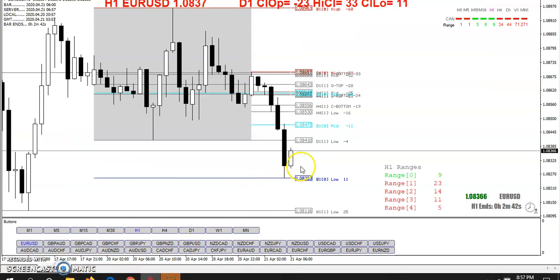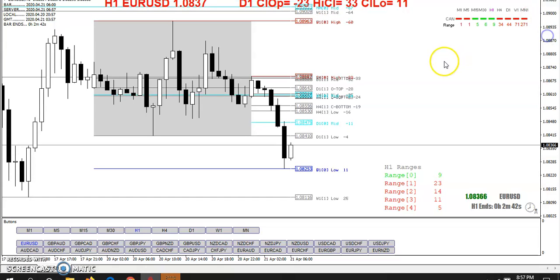So here we've got what I'm going to call the map, because you can map out your trades. In fact, I was on the phone with Walmart as price was dropping here, and I just said, I'm sitting on my hands.